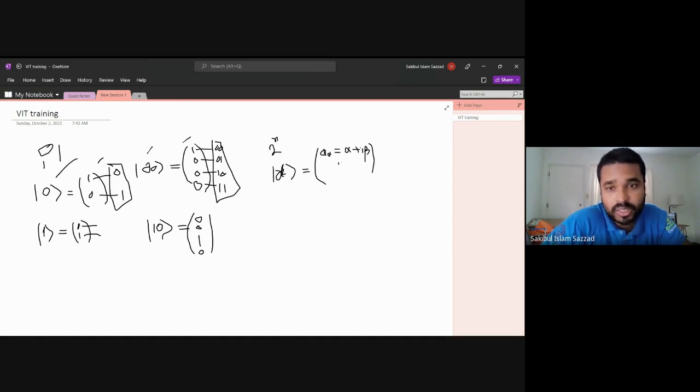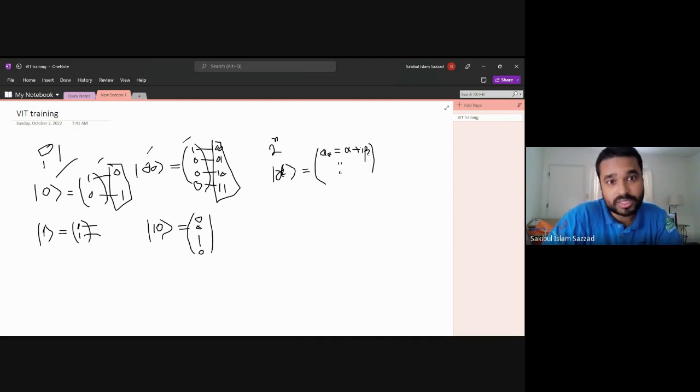So what I'm trying to make a point is that ket notation or bra notation, whatever it is, those are all basically complex. Quantum computing mainly deals with complex numbers. In classical computing, we mainly deal with real numbers, and that's where the two comes from, because a complex number has two components: a real component and an imaginary component.